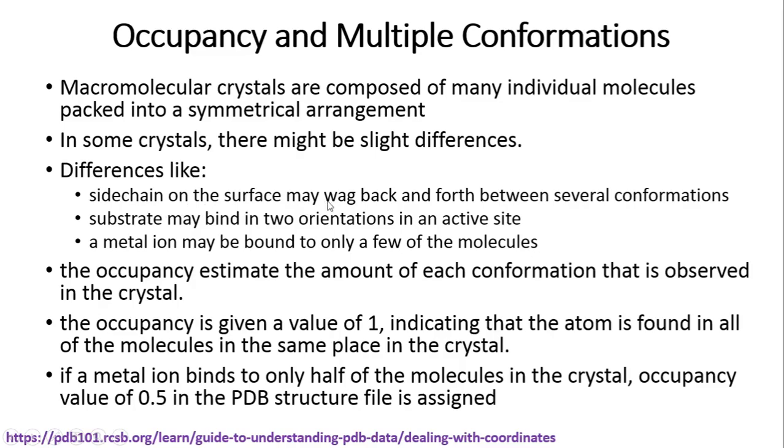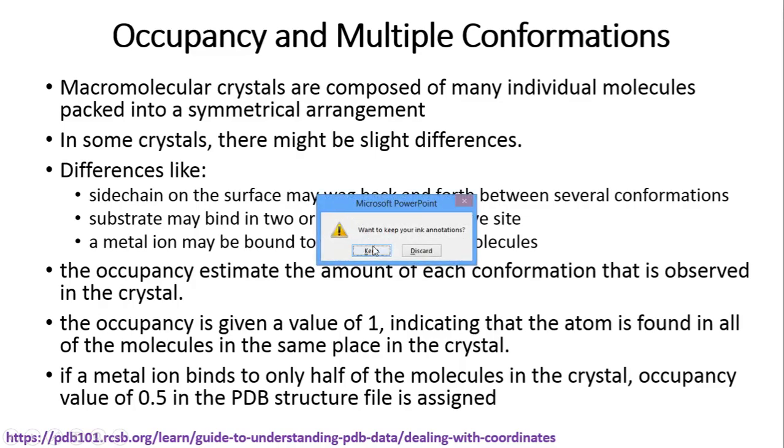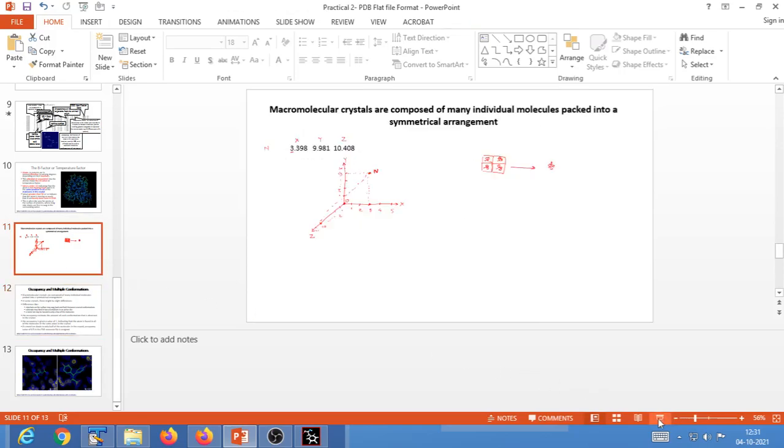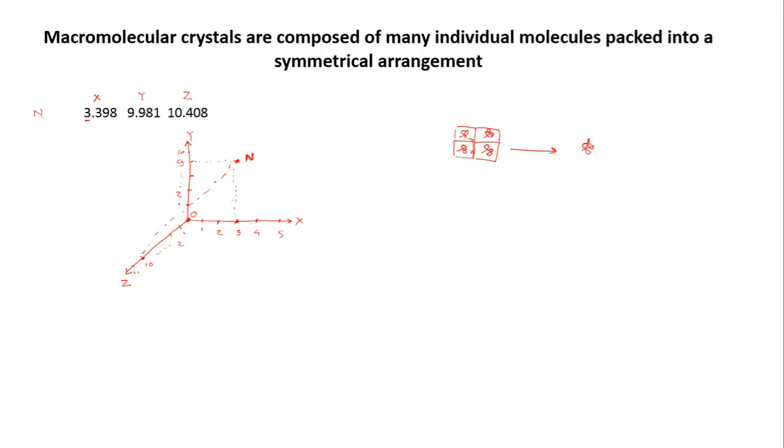As I have already mentioned, it can wag back and forth between several conformations. Say, for example, in this particular molecule the side chain can be like this, while in another molecule the same side chain can orient in a different way, right? So in the same crystal, there can be different arrangements of atoms in your protein molecule.